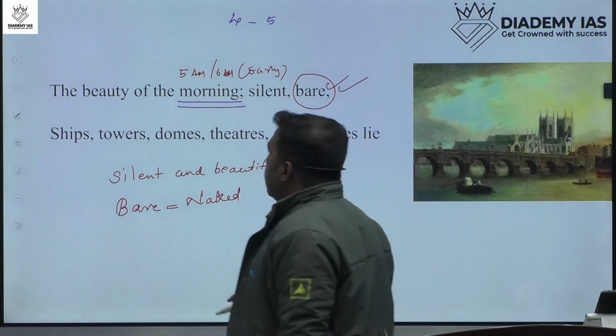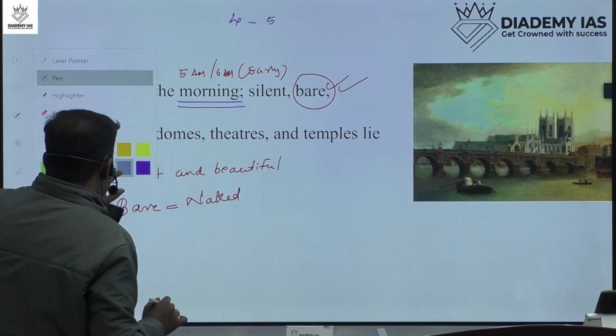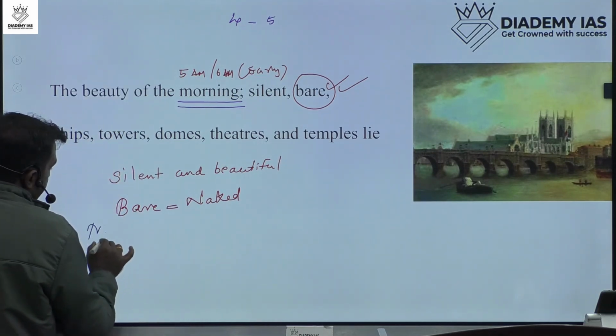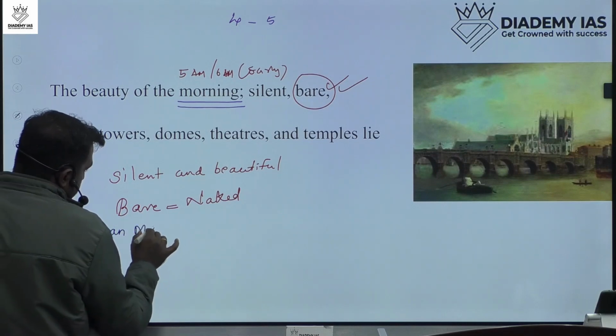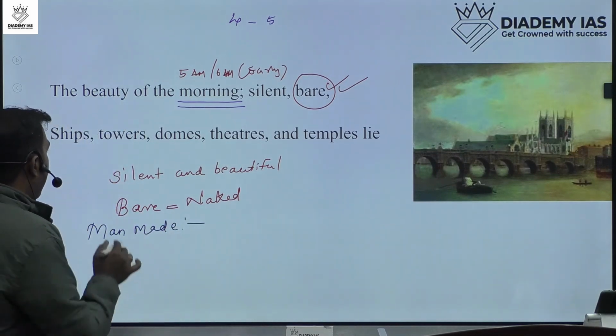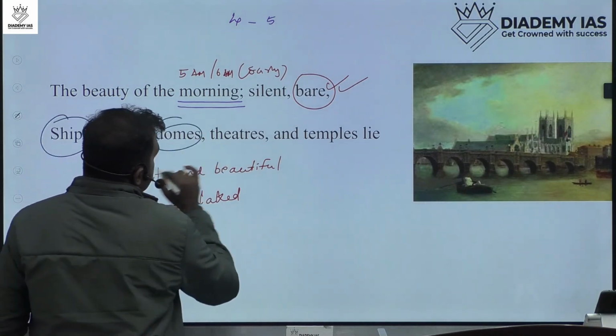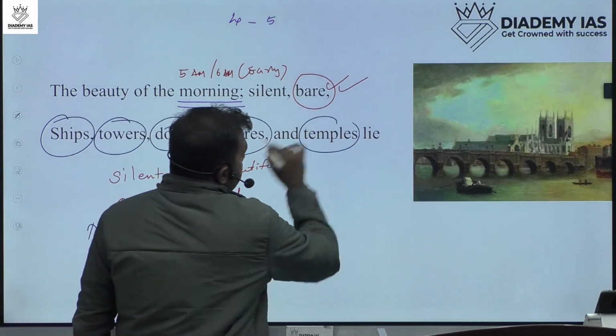And next, the poet can see man-made objects. What is man-made? Ships, towers, domes, theatres, temples.